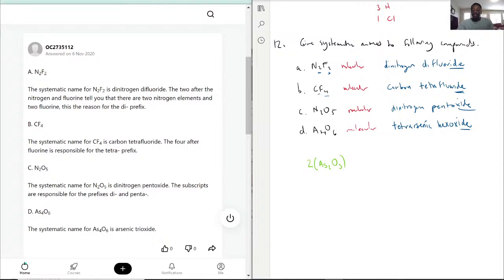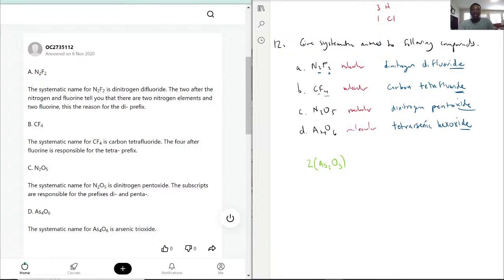And I think this is where it ties into the fact that it's a metalloid, because it literally is a pseudo metal, it half follows the rule. Here they dropped the fact that arsenic should have a di in front of it, but they still have the trioxide at the end.